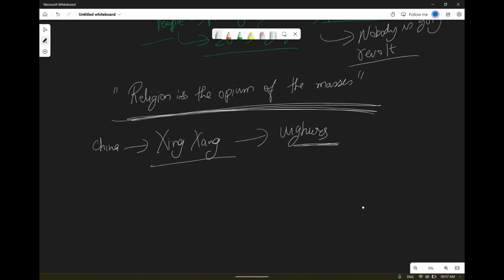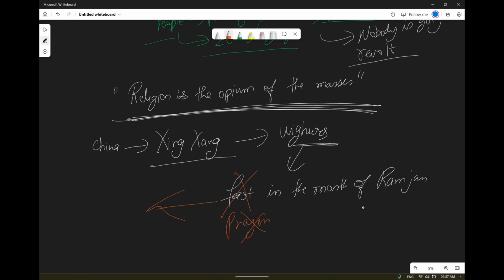They can't fast in the month of Ramzan. Fast is not allowed. They can't do prayer outside either. Prayer is also not allowed outside. This is the model of Chinese secularism. They followed the Karl Marx secularism.